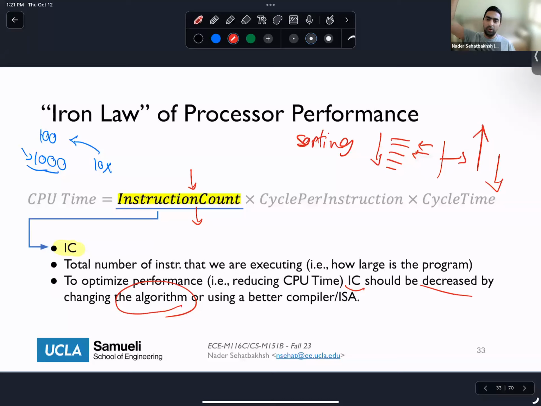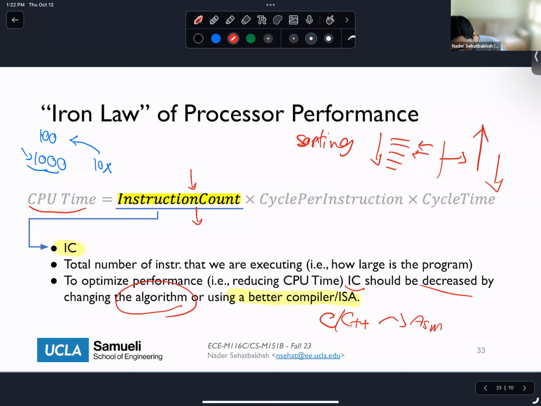So whatever you do at the higher level, at the software level, or even at the algorithm level for writing your programs, directly impacts your CPU time. Fewer instructions means faster execution, right? Another thing that is important for IC is the use of a better compiler, because compilers are the ones that translate a higher level language like C and C++ to some form of assembly, right?